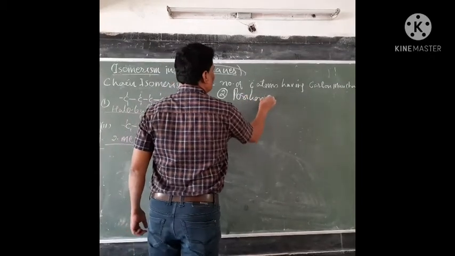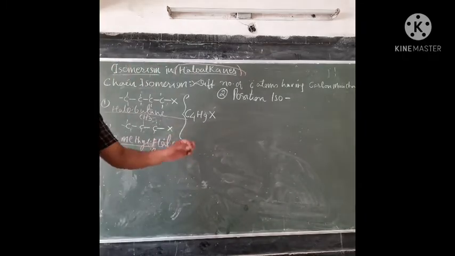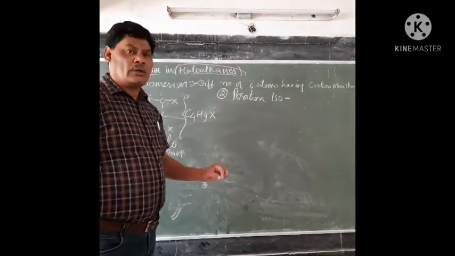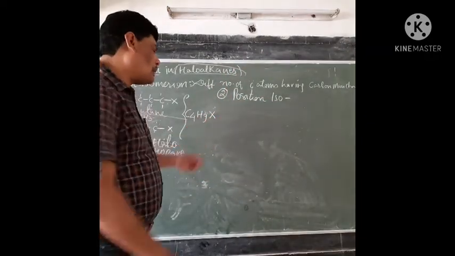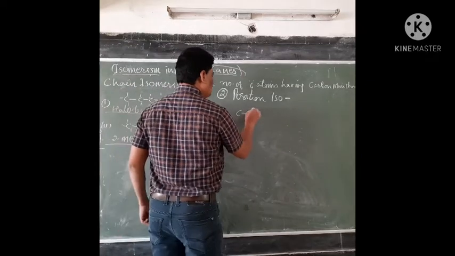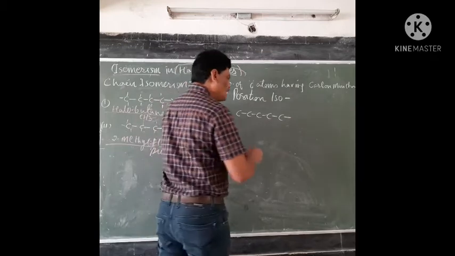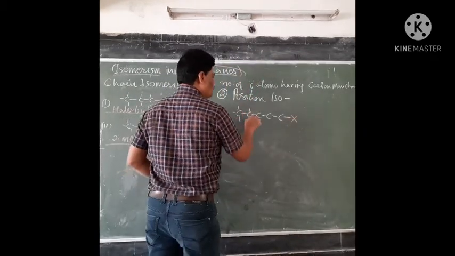The second type of isomerism is position isomerism. It means the position of the functional group X, which will be Cl or Br, may differ in two or more compounds having the same molecular formula. Like here, 1, 2, 3, 4, 5, and now I am writing X. This becomes one of the compounds.